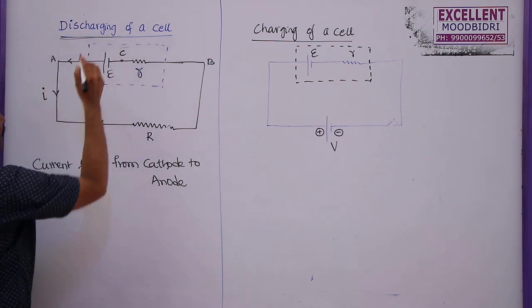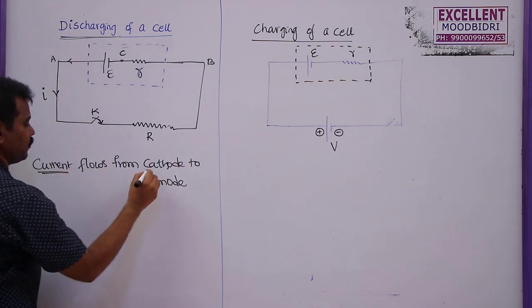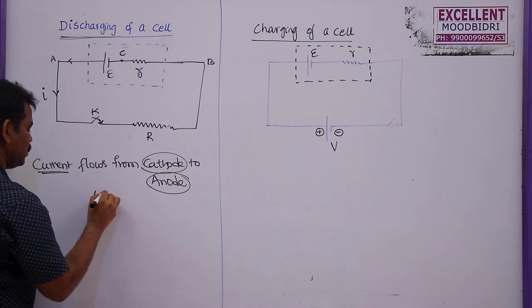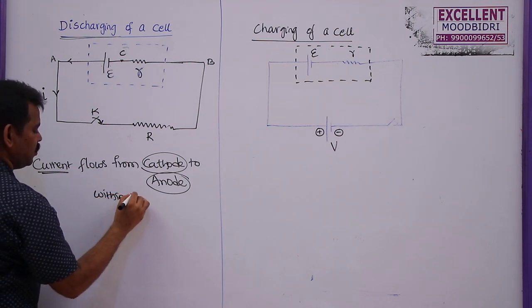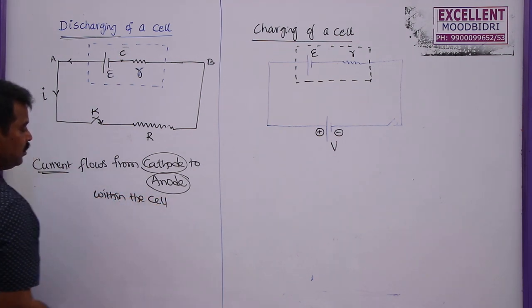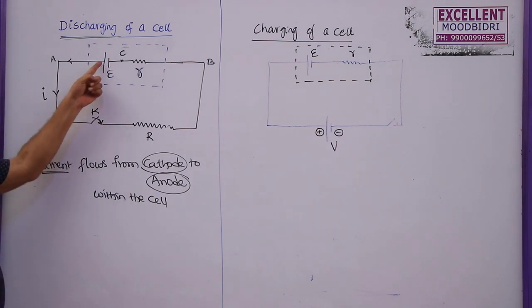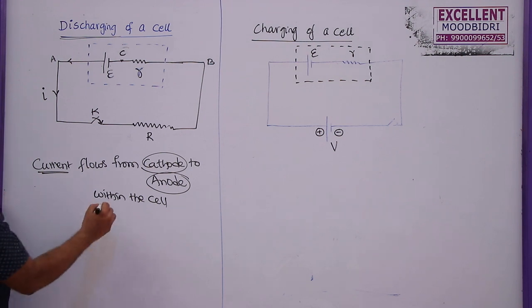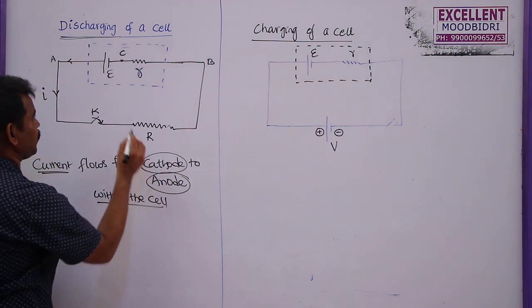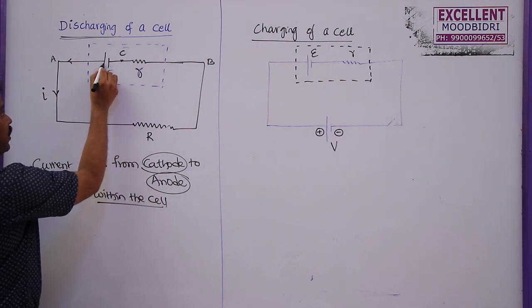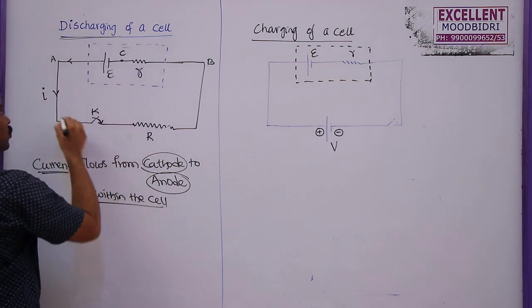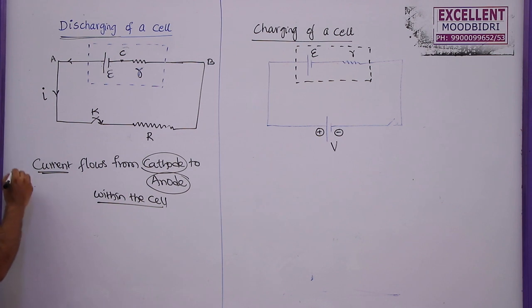So while discharging, current flows from cathode to anode within the cell, but the current flows from anode to cathode outside the cell. So within the cell, the direction of current is from cathode to anode. External to this, current is flowing from anode to cathode. So this is the first point.